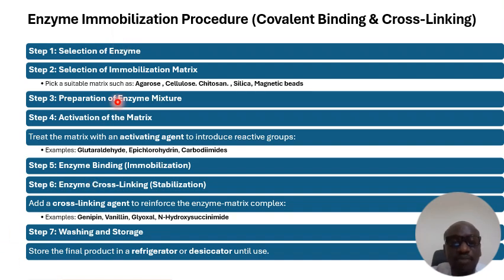So this is the procedure of a small-scale enzyme immobilization. But at industrial scale, these procedures are more elaborate. But in the laboratory, these are the steps used in the enzyme immobilization procedure.